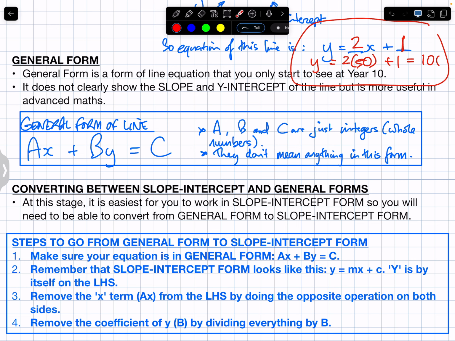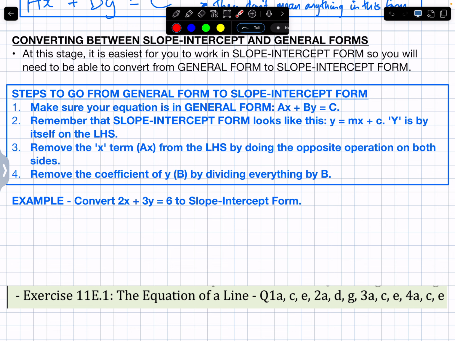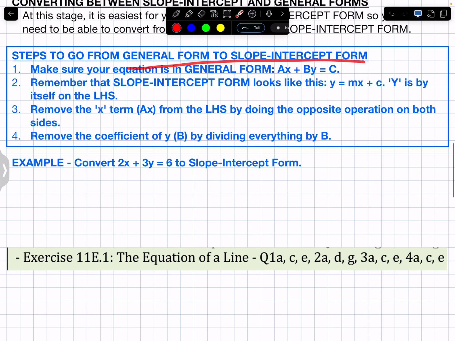All right, let me show you how to convert between slope intercept and general form. There's a couple of questions in your upcoming test that ask you to convert from general form to slope intercept form. Step one, make sure it's actually in general form: ax plus by is equal to c.